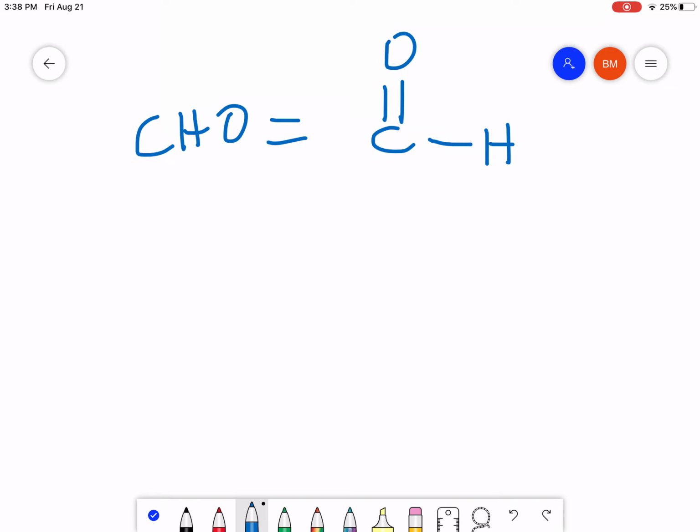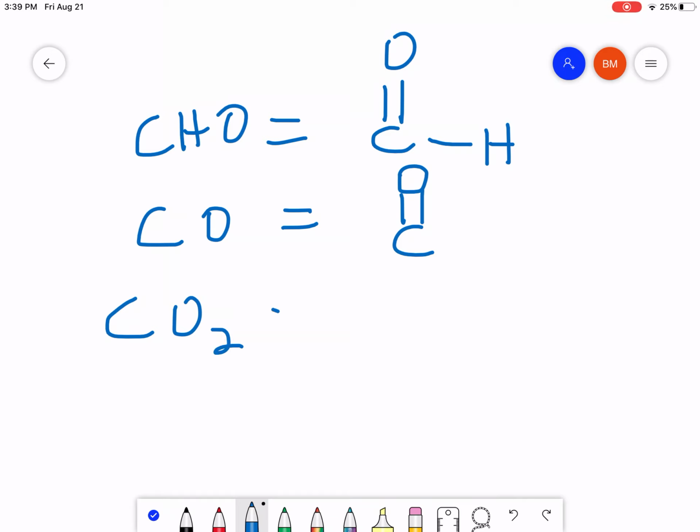You also will sometimes see CO represented. That's a carbonyl group, and that is equivalent to C double bonded to O. And sometimes you'll also see CO2.